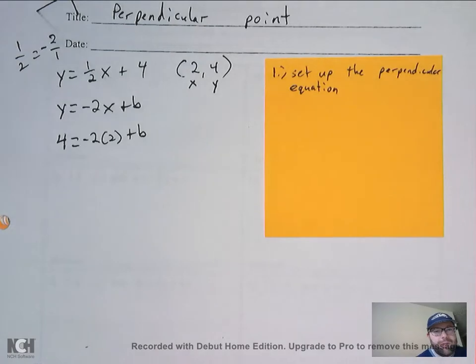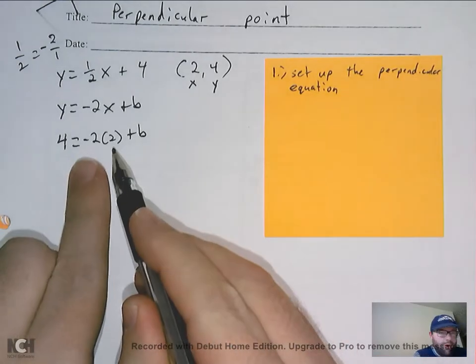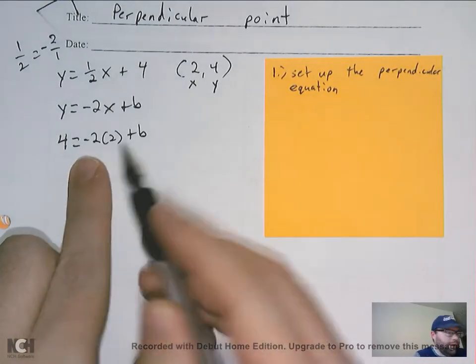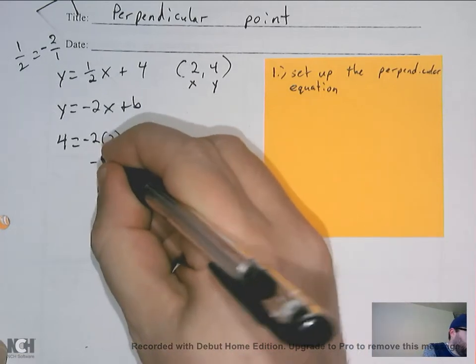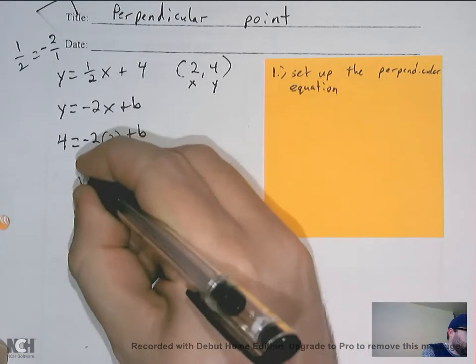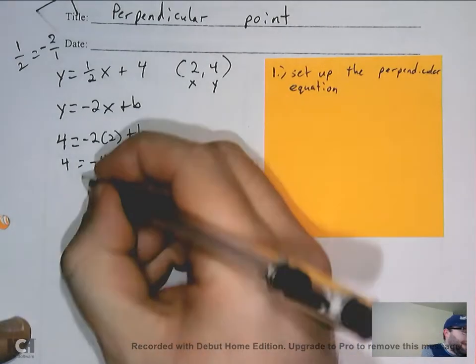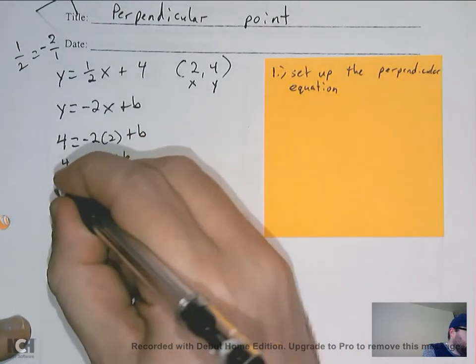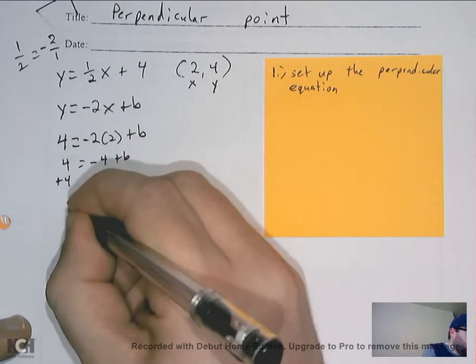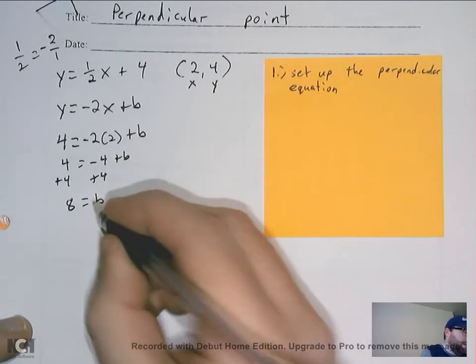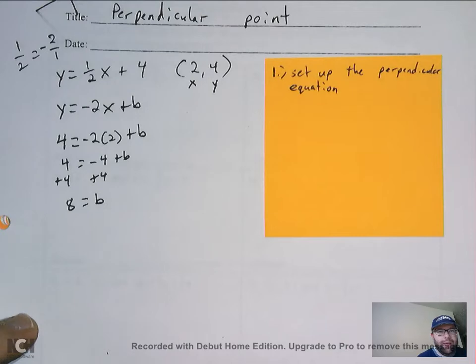Now this is basically a two-step equation, right? I multiply the negative 2 by the 2, which gives me negative 4 plus b equals 4. And then to get the b by itself, I add 4, which tells me that b is going to equal 8.